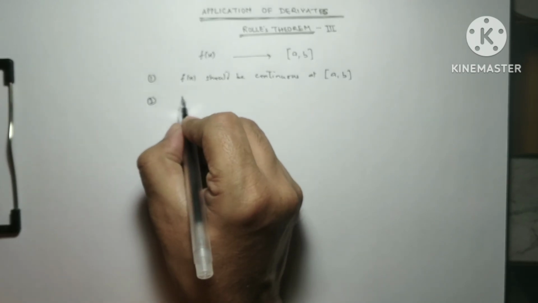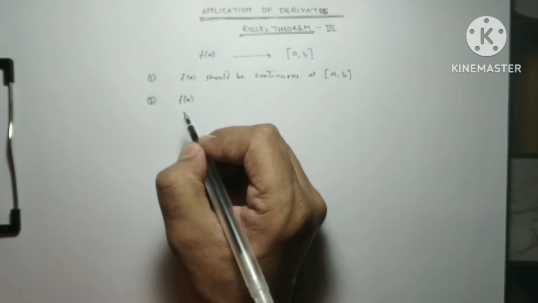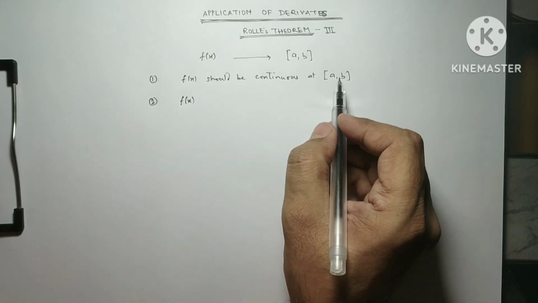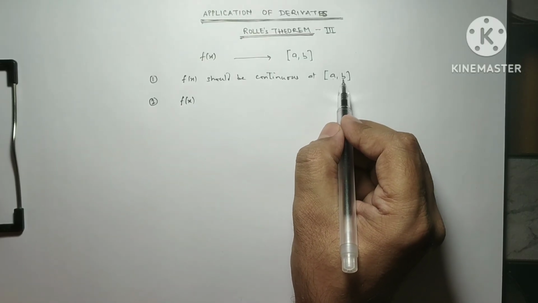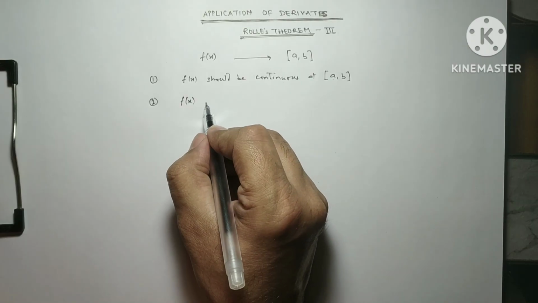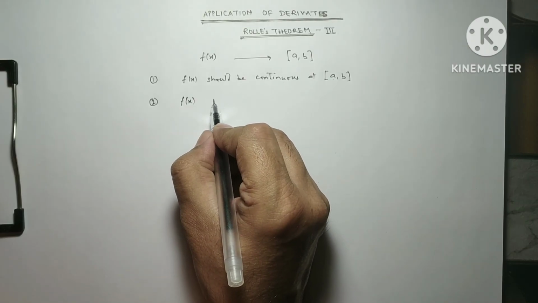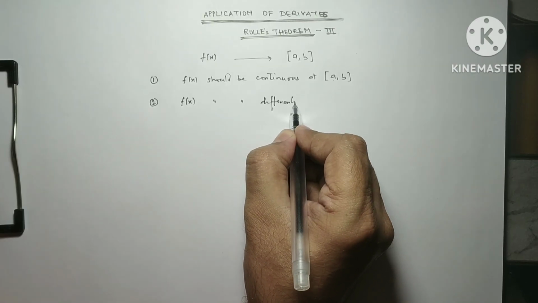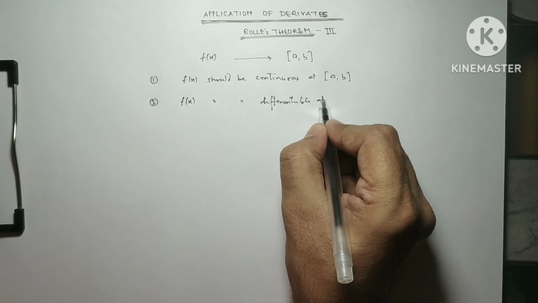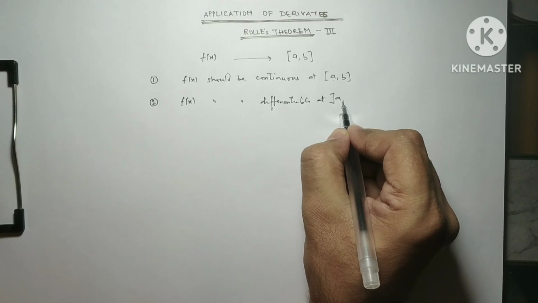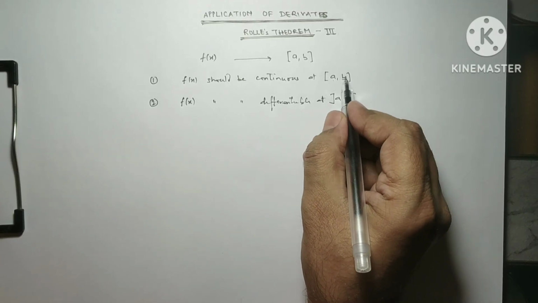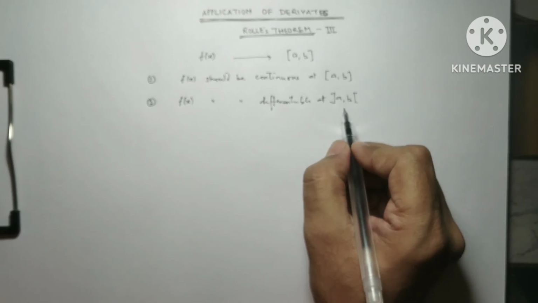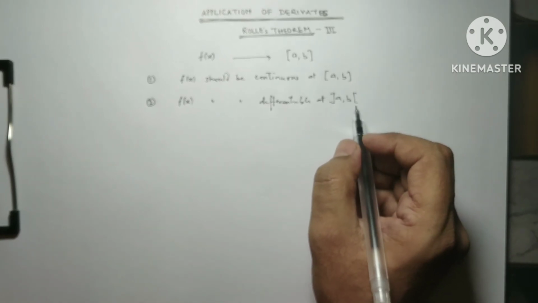Second condition, the derivative of this function should exist between a and b except these terminal values. So f(x) will be differentiable, but at the open interval. This is the big difference between this and this point. There is a closed interval, but right now you have open interval.